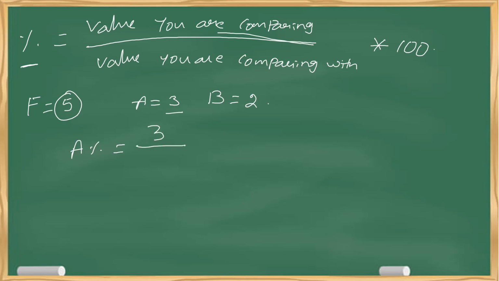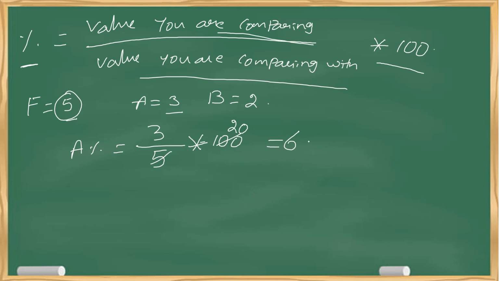So 3 divided by what value are you comparing with? With the father's number of chocolates, 5, and anything into 100. That is an important point. Now simplify this. 5 how many times? 20 times. So A's percentage is equal to 60.